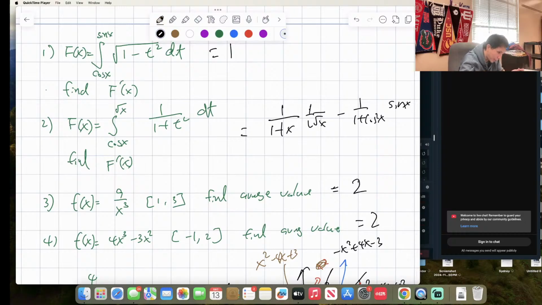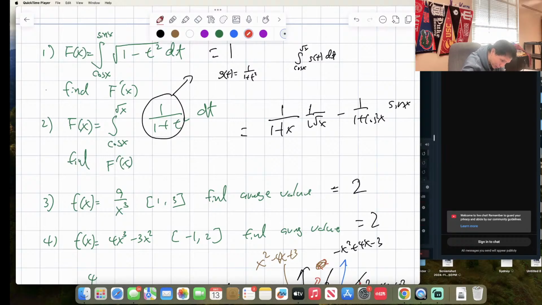So you don't know how to take this integral yet. g of t is equal to 1 over 1 plus t squared. So that's the integration from square root of x to cosine of x of g of t dt. But at the end I want to find the derivative, so that's going to be d/dx afterwards.